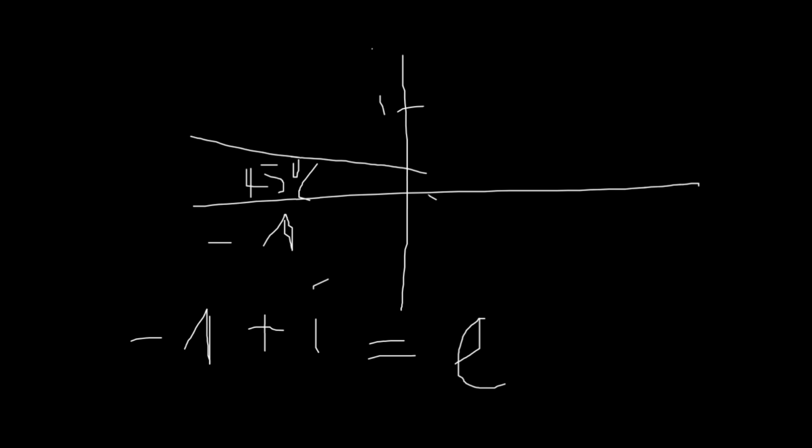No, it will be 180 minus 45, and that is 135. Okay, the angle will be 135. That will be E to the 135 degree I. Expressing this, that will be something like 2 pi on 3.